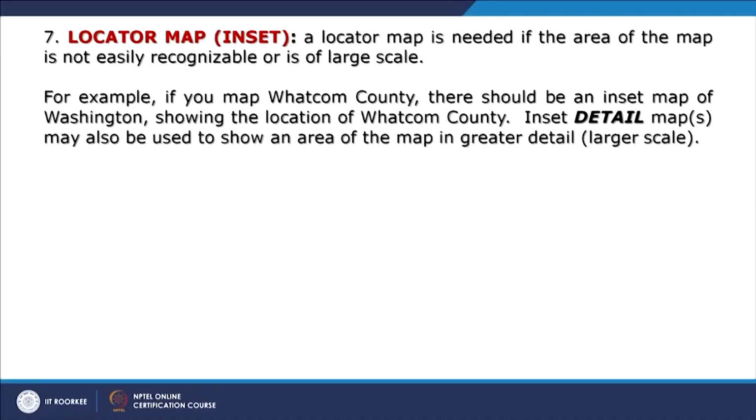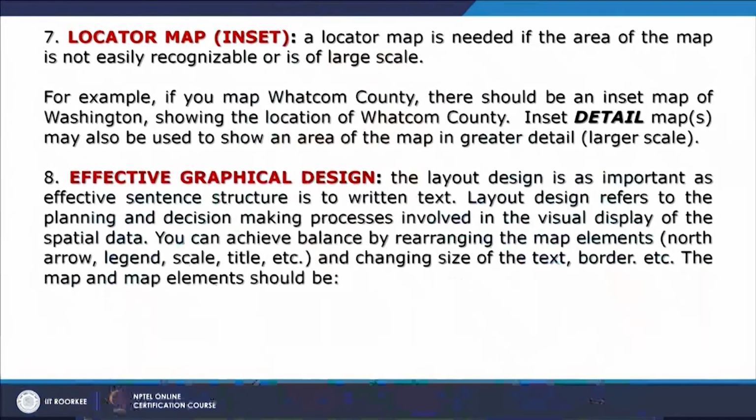A map of Whatcom County should have an inset map of Washington showing the location of Whatcom County. So, if I am working in part of Uttarakhand, then a map of India with the boundary of Uttarakhand, or all state boundaries, should also be shown, and then through a box I should show that this is my study area.